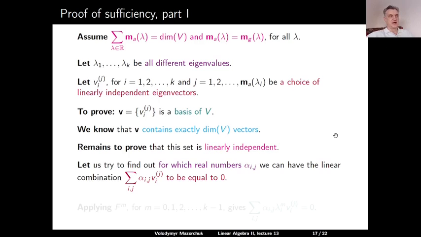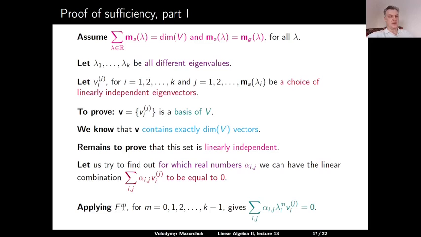So here alpha_ij are some undetermined real numbers. Let us apply to this linear combination the following powers of the linear operator f. So we apply f to the power m, where m is 0, 1, 2, and so on up to k minus 1. So k is the number of different eigenvalues.